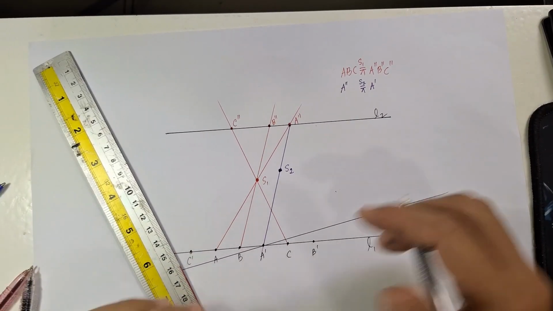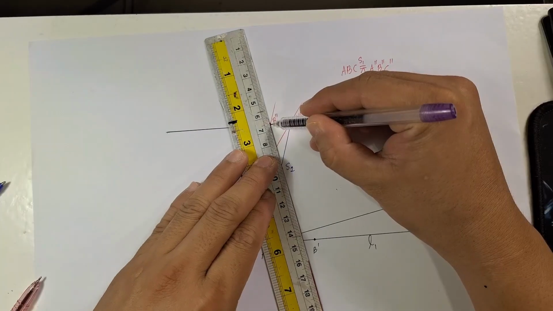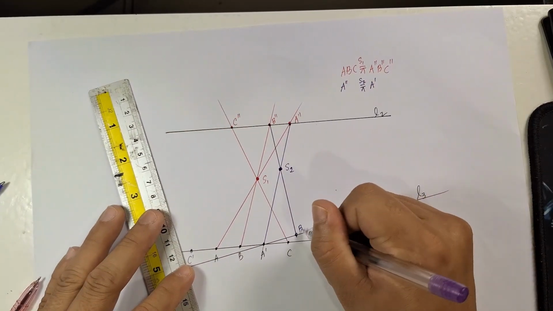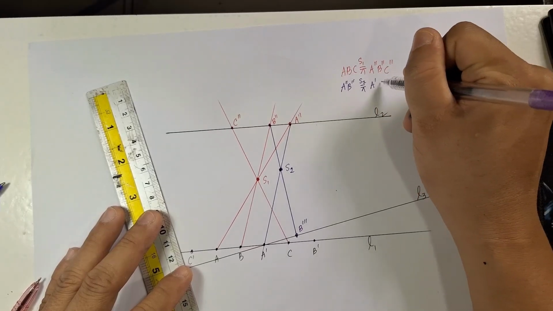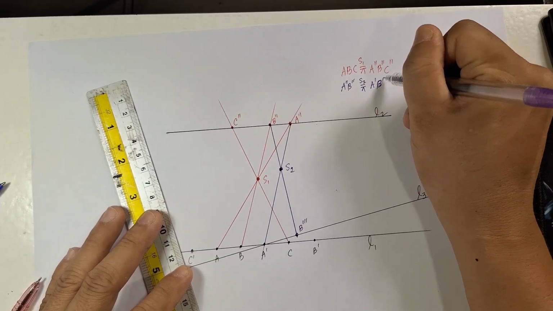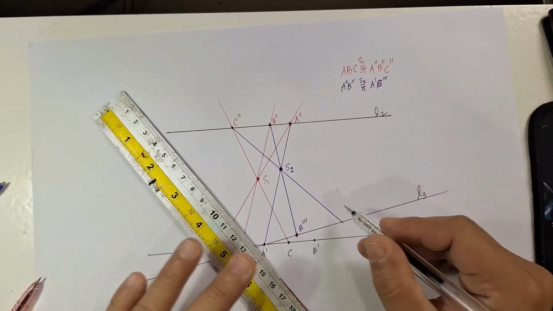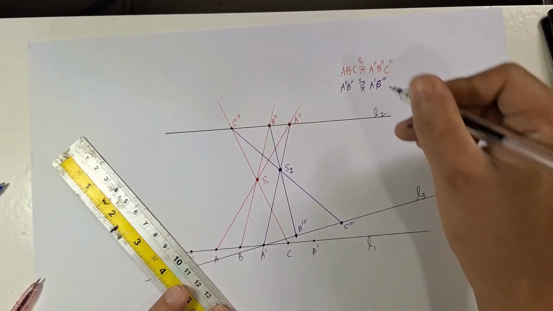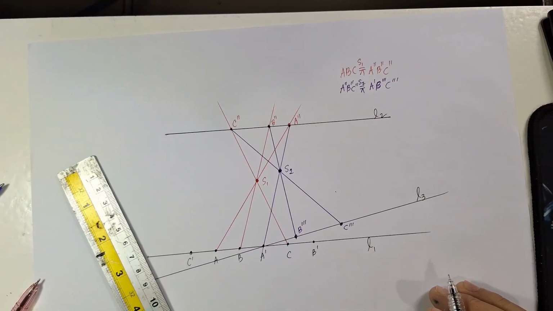Let's call that line L3. So on L3, the image of B double prime is this B triple prime. So we have B double prime, B triple prime. And for C double prime, the image is here, C triple prime.